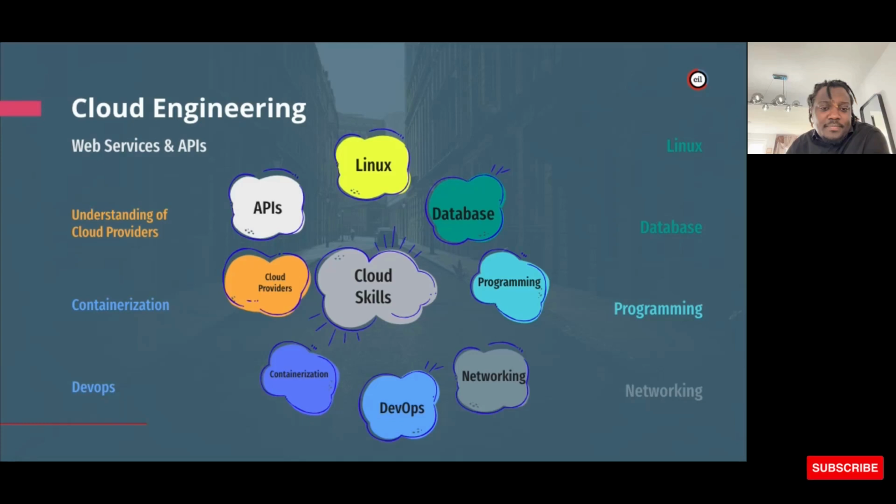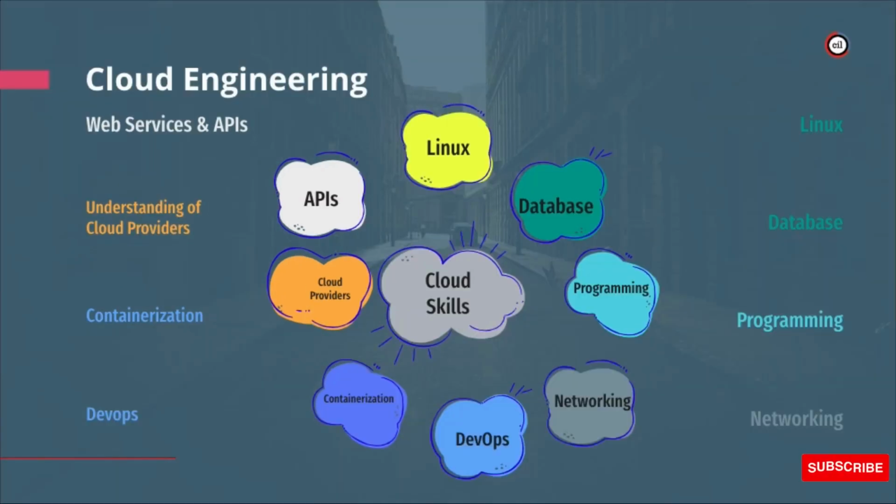Cloud computing is generic. It describes everything to do with cloud services and components. But cloud engineering is specific to how you produce solutions in that big space of cloud computing.